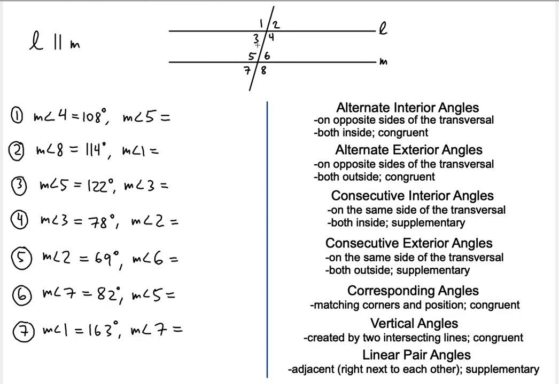That's already one way that you can differentiate. It cannot be on the same side. One of the angles will be on this side and the other angle will be on the opposite side of the transversal.